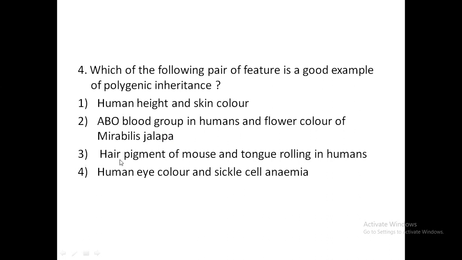Other examples: hair pigment of mouse and tongue rolling ability of humans are also controlled by a single gene. Human eye color and sickle cell anemia are also controlled by a single gene. So these are not examples of polygenic inheritance. Human height and skin color are the best examples of polygenic inheritance.